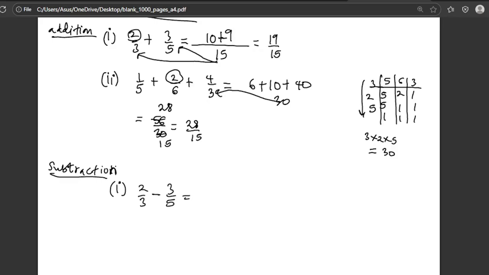It is the same procedure as for addition, but with the minus sign. The LCM is 15: 15 divided by 3 is 5 times 2 is 10, minus 15 divided by 5 is 3 times 2 is 6. 10 minus 6 is 4 over 15.